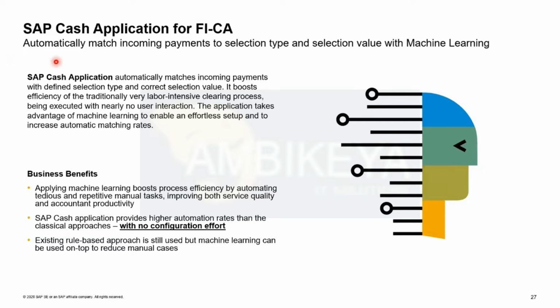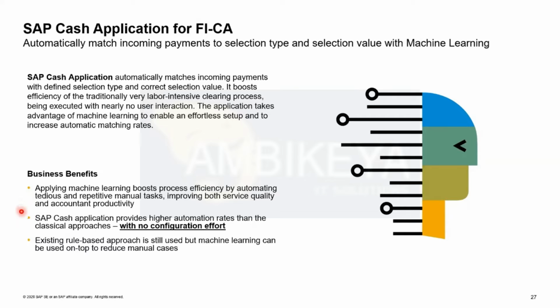We simply use the note to payee and use machine learning techniques to interpret the note to payee and transfer it into selection criteria like a business partner or contract account or document number or invoice document number. This translation is done by machine learning. So we do not replace our rule-based approach, but we do machine learning on top of the rule-based approach. That's important to understand.